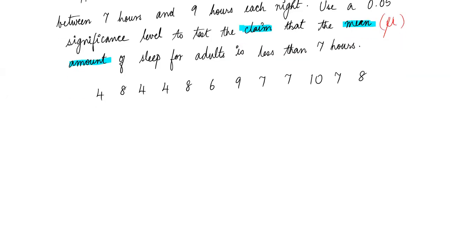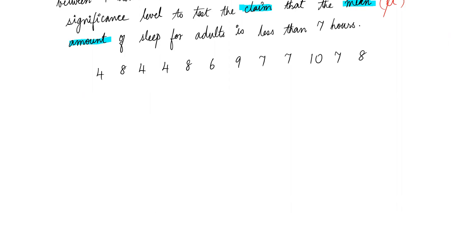Once you have these things, before you begin testing, remember we have to make sure that the requirements are met. So check requirements. For proportion, the requirements were related to binomial, right?